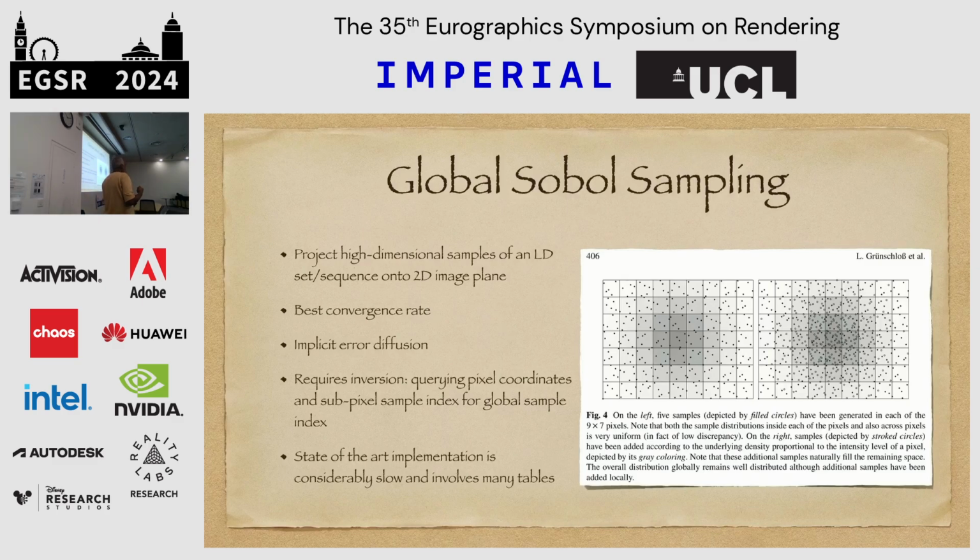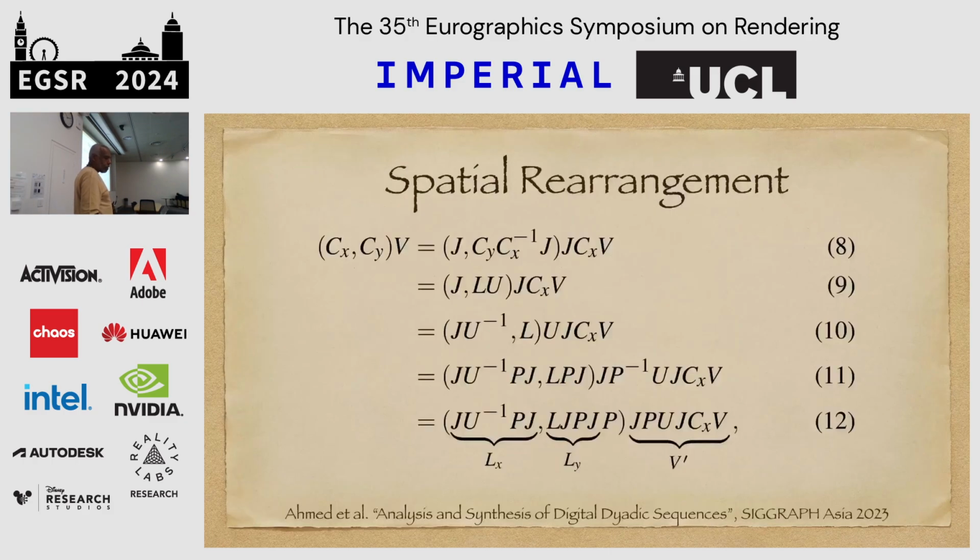This means you need to invert the first two dimensions. The first two dimensions are not very dominant, but inversion is. The state-of-the-art implementation of inversion is rather slow and also involves lookup tables.